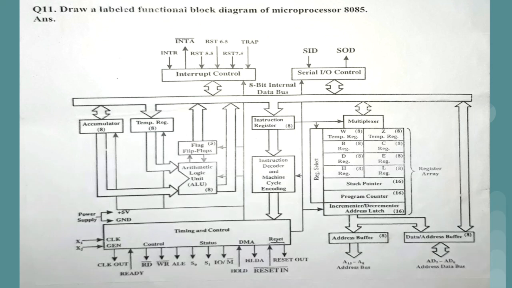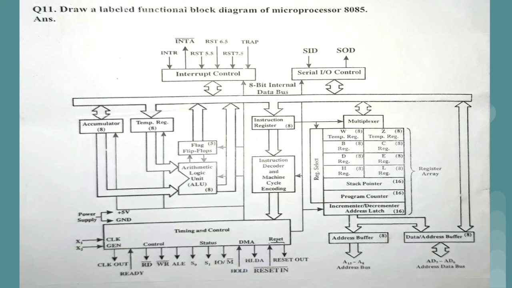In this diagram, actually, this diagram is a combination of all the components which we have learned along with the 8085 pin diagram. If you notice, if we keep the 8085 microprocessor horizontally, then above we have 20 pins, below we have 20 pins, right?